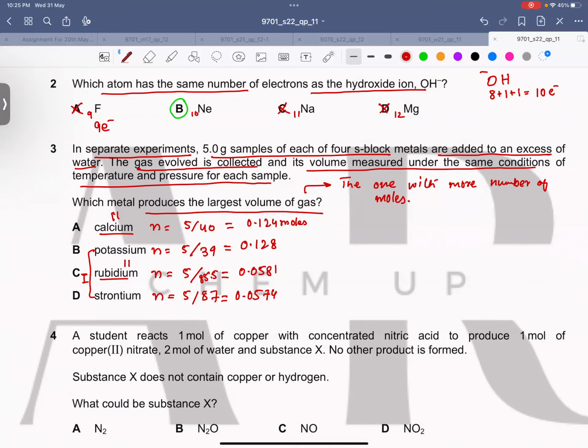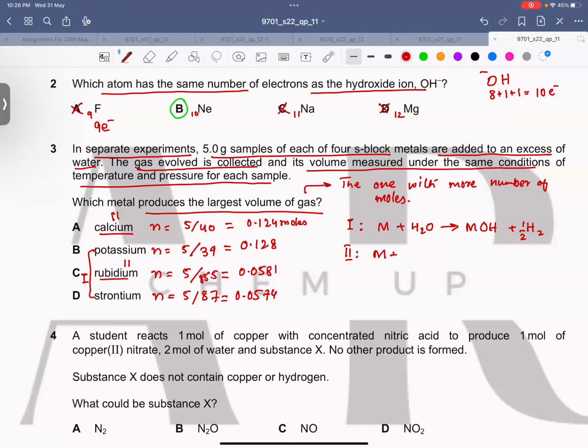So there is a difference between the reaction of a group 1 metal with water and the reaction of a group 2 metal with water. When a group 1 metal reacts with water, it will give you metal hydroxide and hydrogen, and we have to balance it like this.